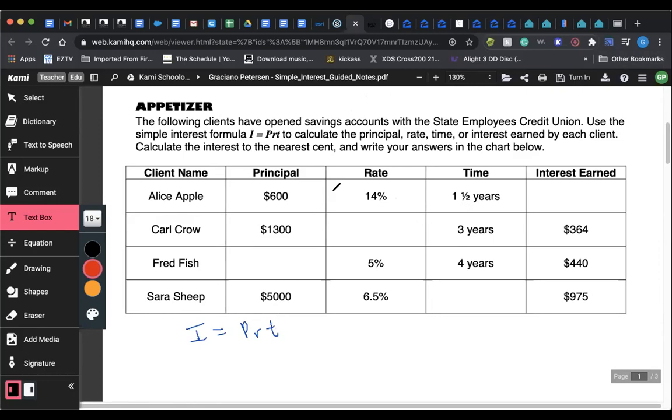Okay, so we have a principal of $600, a rate of 14%, and a time of 1.5 years. So to figure out how much interest Alice has earned, what do I put in for P? What number am I going to put into my formula?